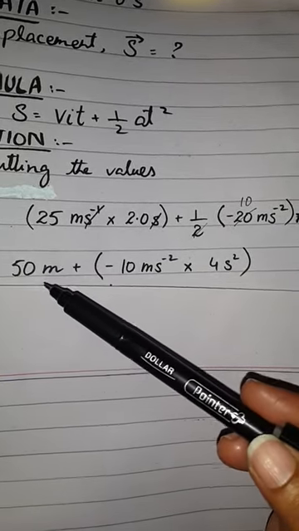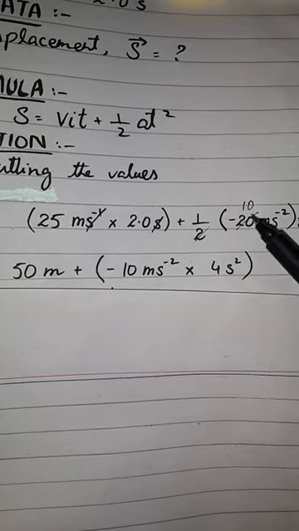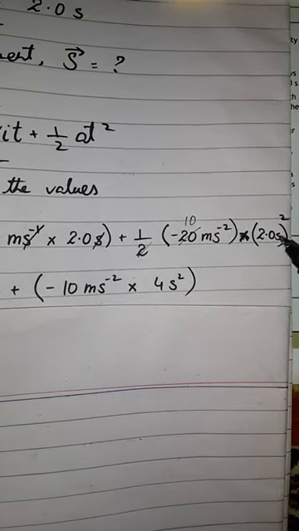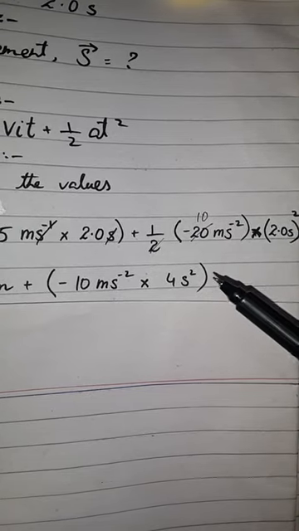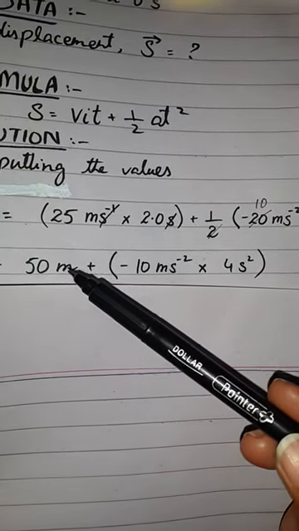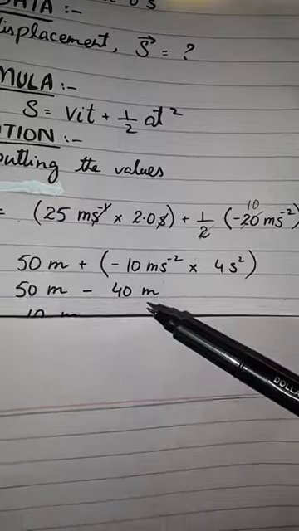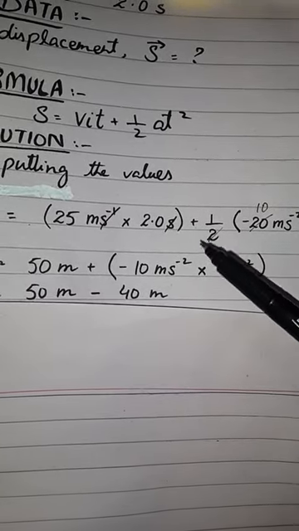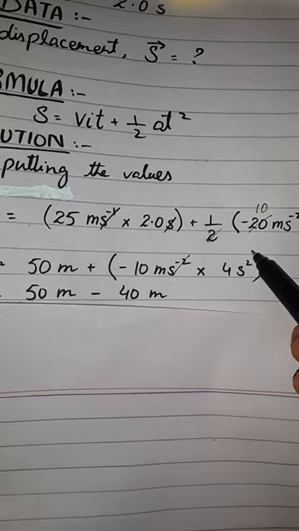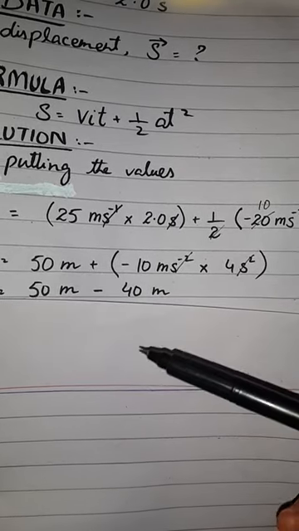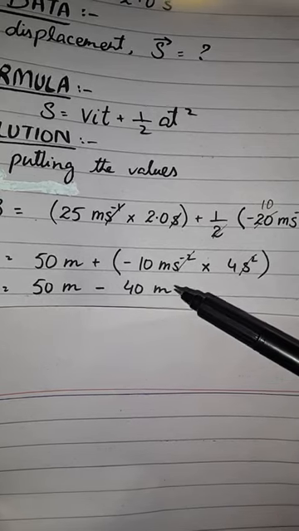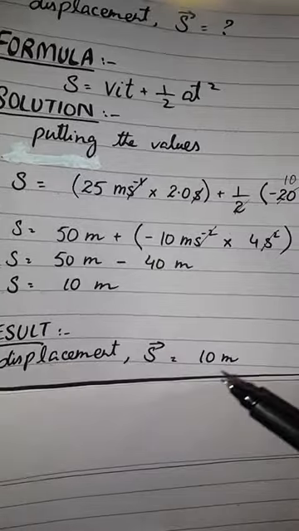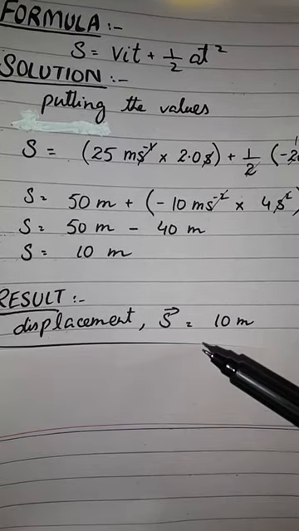So we get 25 meter times 2 is 50 meter, plus minus 10 meter per second square into the square of 2 second, which is 4 second square. Multiplying these values, 50 meter plus minus 10 times 4 is 40 meter, and the seconds cancel. Now 50 meter minus 40 meter gives 10 meter. Our displacement is equal to 10 meter. Is it clear to you?